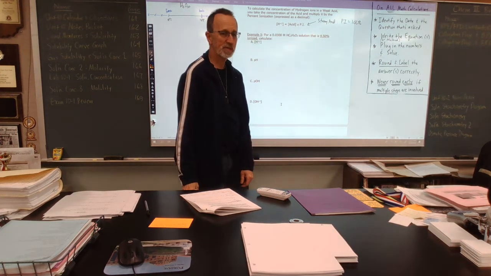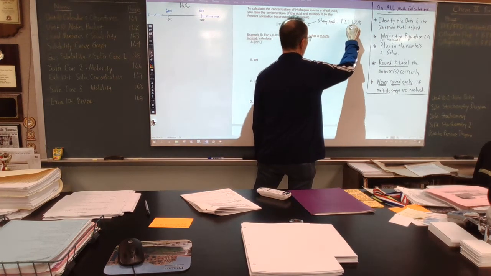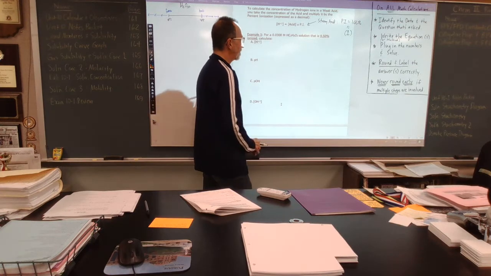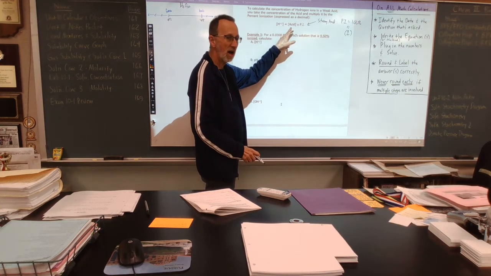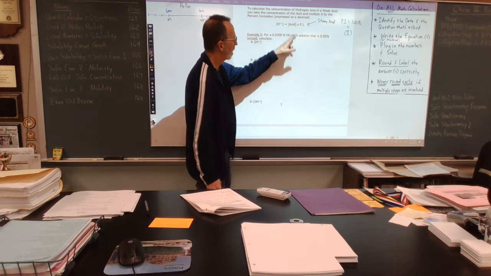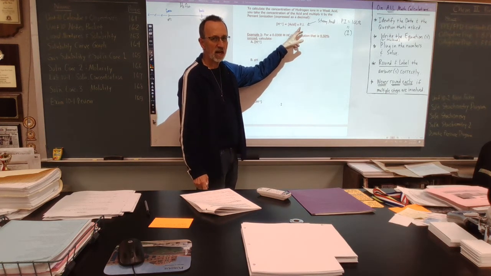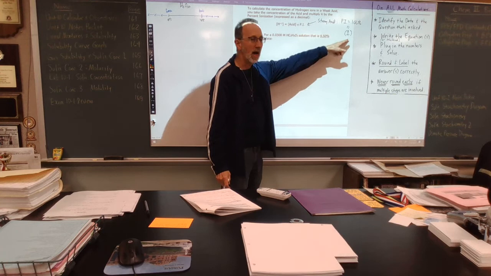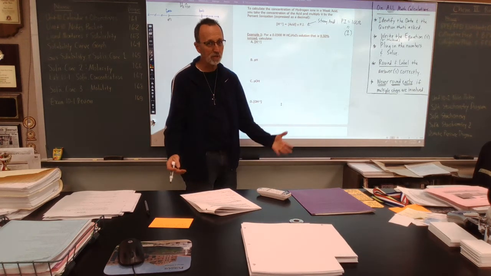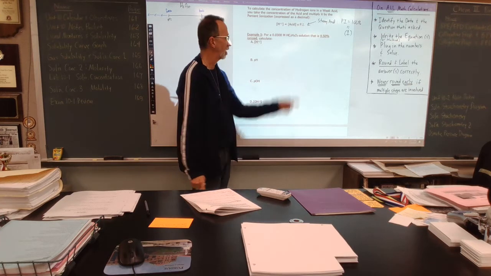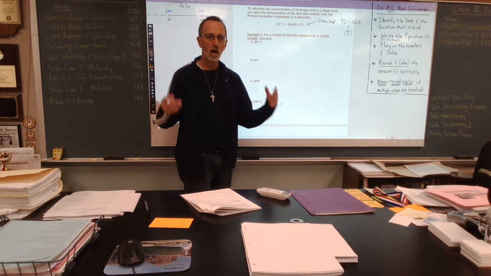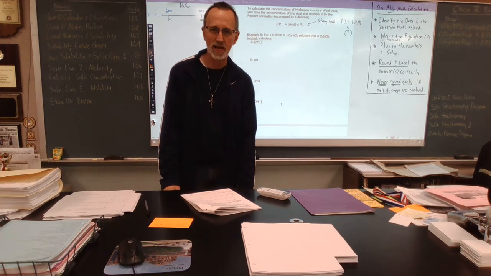And 100% expressed as a decimal is 1. All right? So for instance, if this was a strong acid and it was 0.5 molar and its percent ionization is 100% or 1, then the concentration of hydrogen ions would also be 0.5 molar. It would be equal to the acid because, again, in a strong acid, all of the acid molecules ionize.